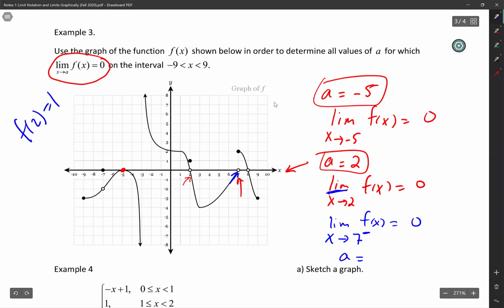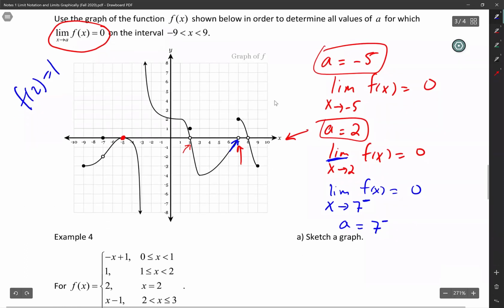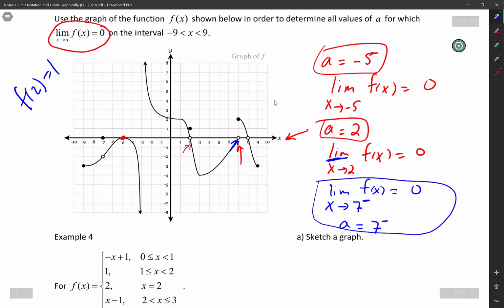So that means that a is 7, but I'll put a little symbol up there on the upper right-hand corner, from the left. That's probably why I didn't assign it, because, let's see, determine all values. Okay, well, 7 is one, but it's from the left. So I have to look at Delta Math to see how they did it. So maybe that's why I didn't assign it. All right, there's one more.